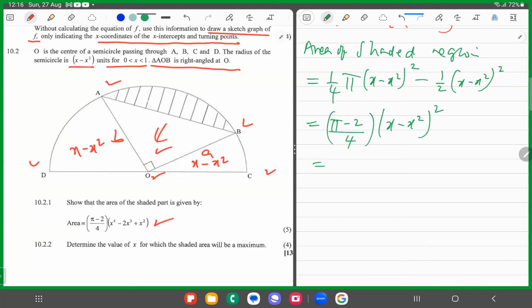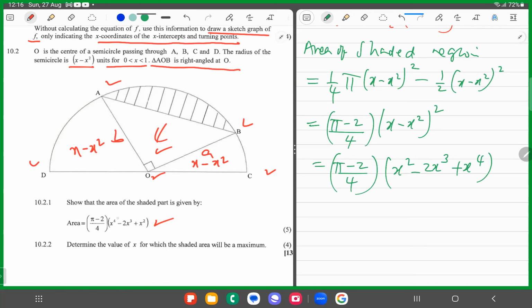So this is pi minus 2 over 4, and then you square everything, which is x squared minus 2x cubed plus x to the 4th power.